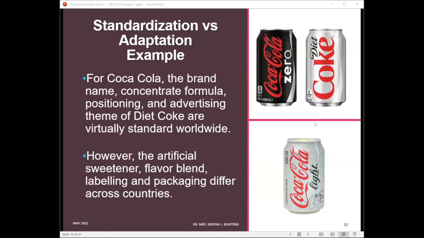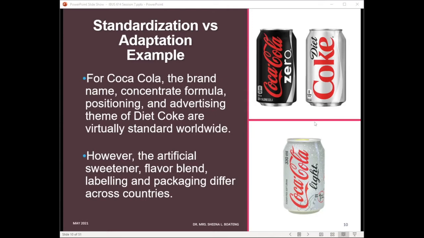Even though the base product for all of them is the traditional Coca-Cola formula that we know of, different levels of variation in terms of the kind of artificial sweetener, the kind of flavor blend, the kind of labeling and naming and packaging have all been adapted to specific markets based on the fact that depending on what they know about the market, they have determined that on a legal level, there are certain things, for instance, they cannot do to Coca-Cola for it to be able to work in a particular market.